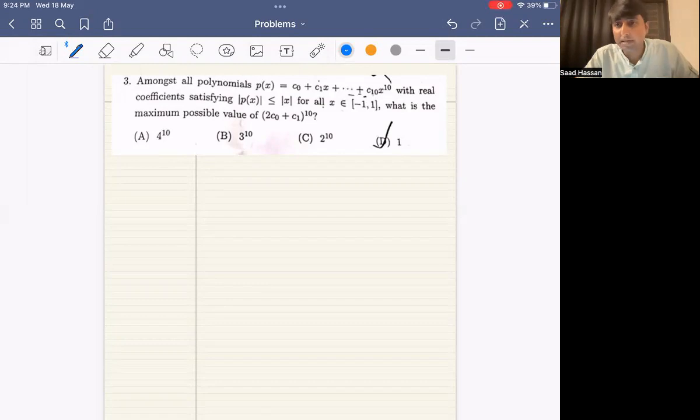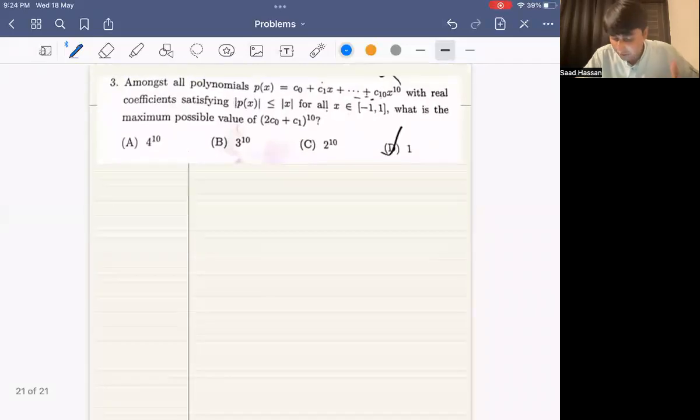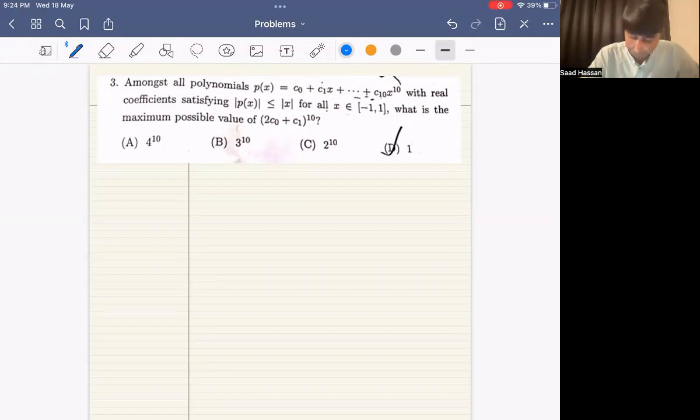So there's a problem taken from ISI's 2022 paper, objective, and it says that amongst all polynomials p(x) = c0 + c1x + all the way to c10x^10, with real coefficients satisfying |p(x)| is less than or equal to |x| for all x belonging to [-1, 1], what's the maximum possible value of 2c0 + c1?